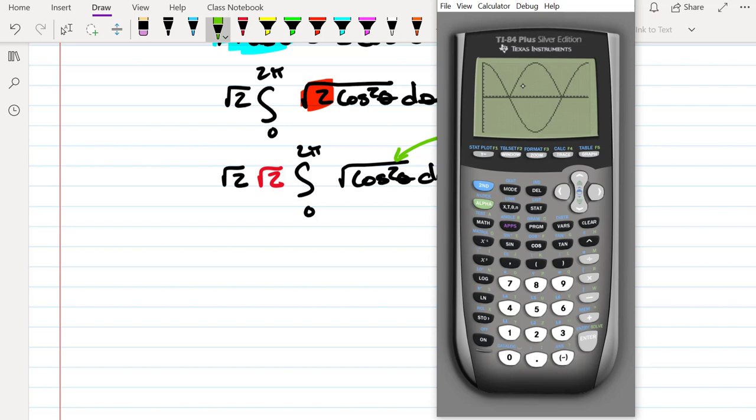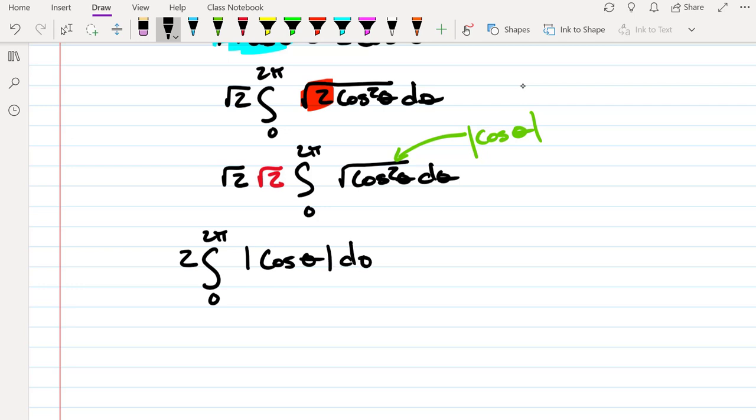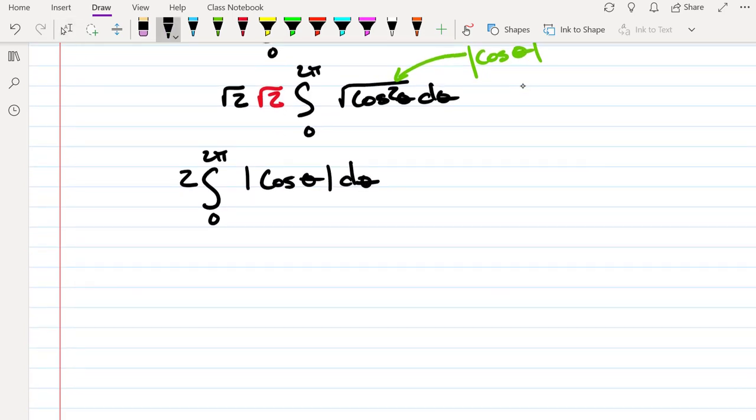So we have to be a little bit careful and remember that this is equal to the absolute value of the cosine of theta. So we're going to get square root of 2 times the square root of 2 is 2 times the integral from 0 to 2 pi of the absolute value of cosine theta d theta. So technically we could break this up into 3 different integrals.